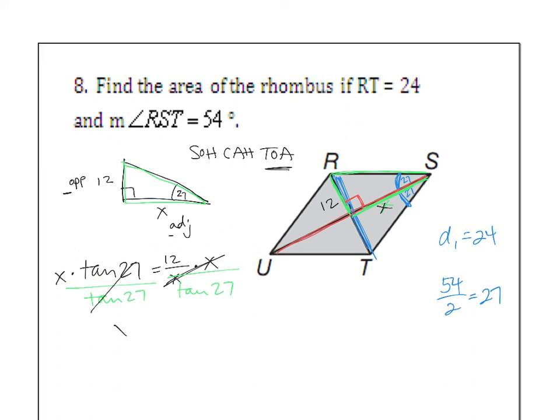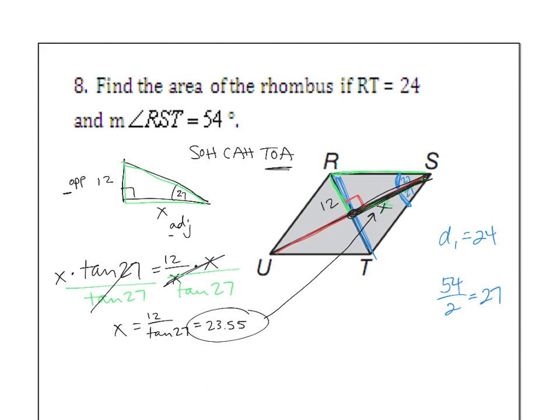These cancel, so x is going to be 12 divided by tangent 27. And that turns out to be 23.55. Now, what we just found, this 23.55, is this distance from S to the middle of the rhombus.